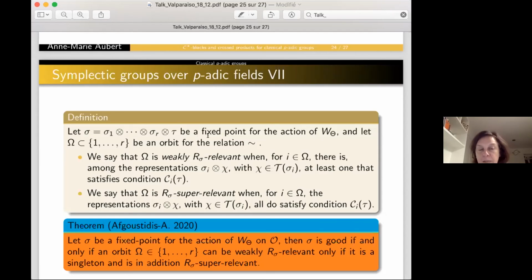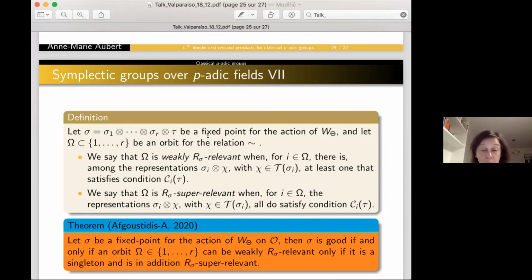We will say that omega is weakly sigma relevant if for any element in the orbit, among the representations sigma_i tensor chi, with chi in the torsion group of sigma_i, there is at least one representation which satisfies the reducibility condition C_i2. So this is weakly sigma relevant, and we have something which is much more relevant, that we call super relevant.